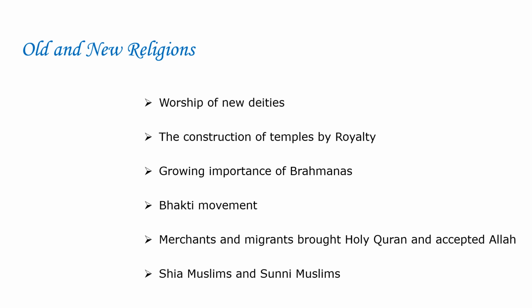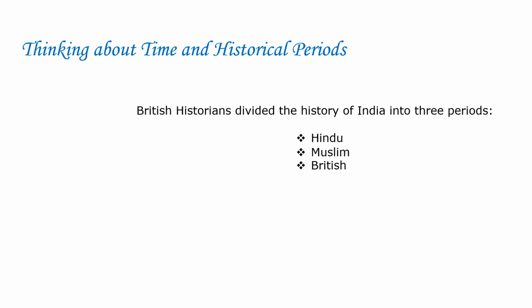And it even led to the Bhakti movement, which was a change in Hinduism. Slowly the merchants and migrants brought the Holy Quran and started accepting Allah as God. Here it was again of two types, Shia Muslims and Sunni Muslims.